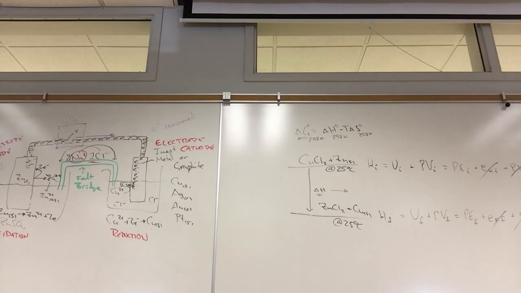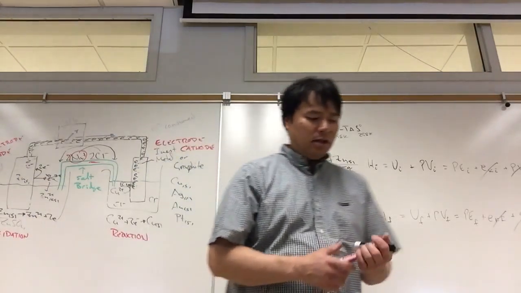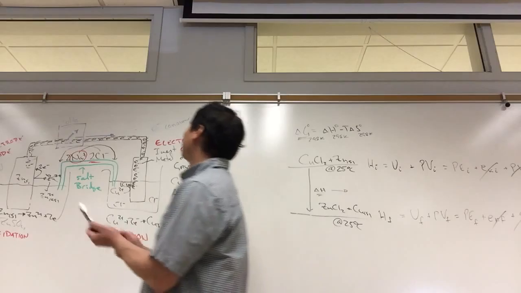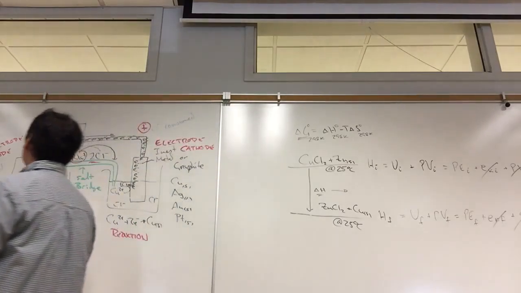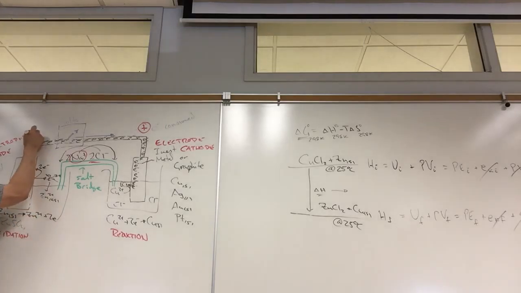Now, one final thing, because the leads on the voltmeter are color coded: what do you think is the positive electrode? What do you think is the negative electrode? The cathode is going to be the positive electrode here, and the anode is going to be the negative electrode, where we're generating electrons.